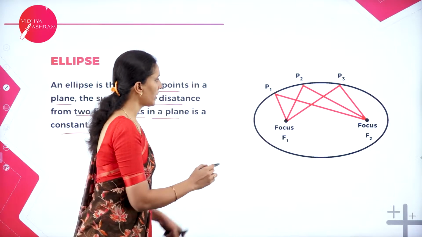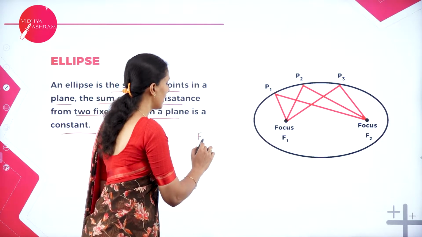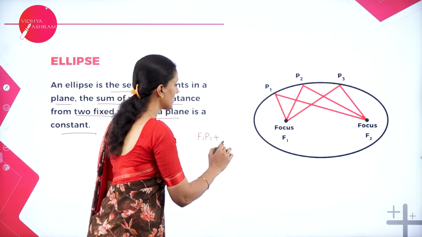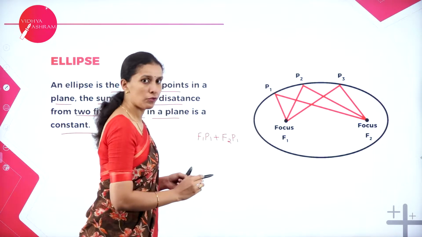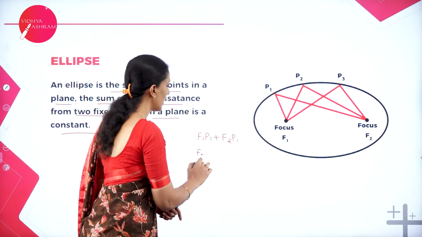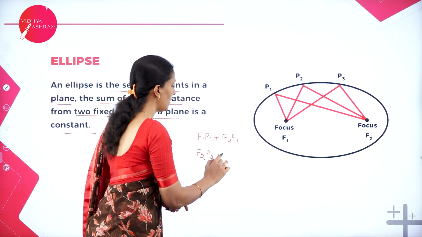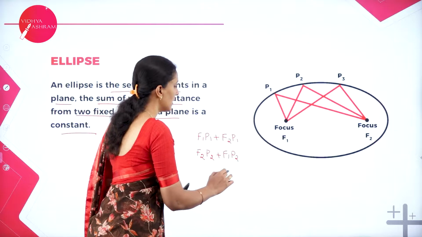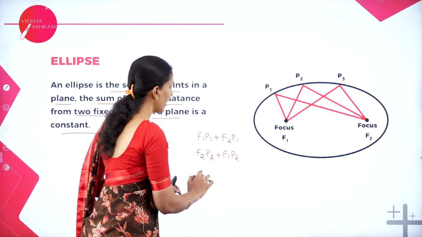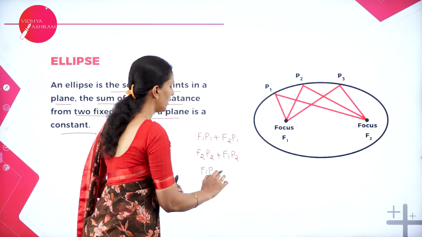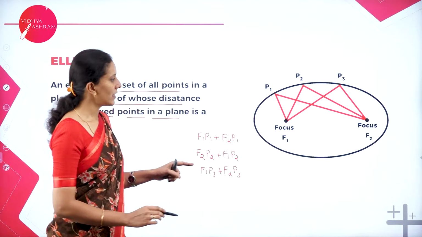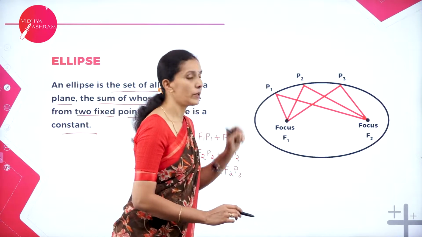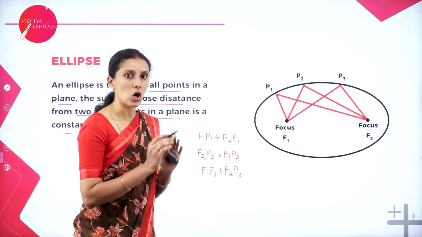So when you add F1P1 plus F2P1, this distance from the two focuses will be the same as F2P2 plus F1P2. Similarly, the same for F1P3 plus F2P3. So the sum of the distances from the two focuses to any point will be constant throughout.